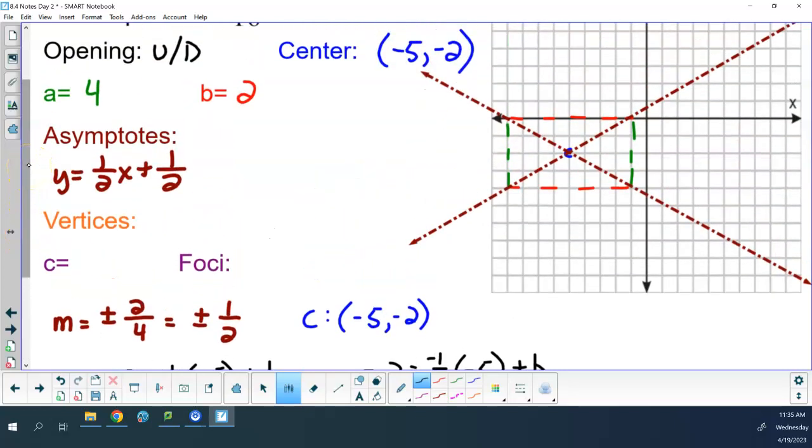So the second asymptote would be y equals -1/2 x minus 9/2. Okay?